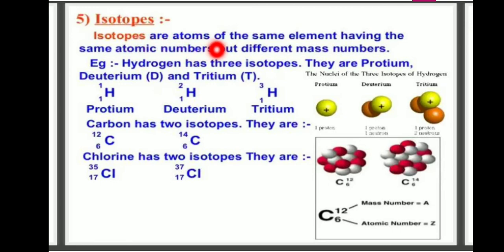Isotopes are atoms of the same element having the same atomic number but different mass numbers. For example, hydrogen, atomic number 1, mass number 1. Hydrogen, atomic number 1, mass number 2. Tritium, hydrogen, atomic number 1, mass number 3. Same atomic number but different mass number is called isotopes.